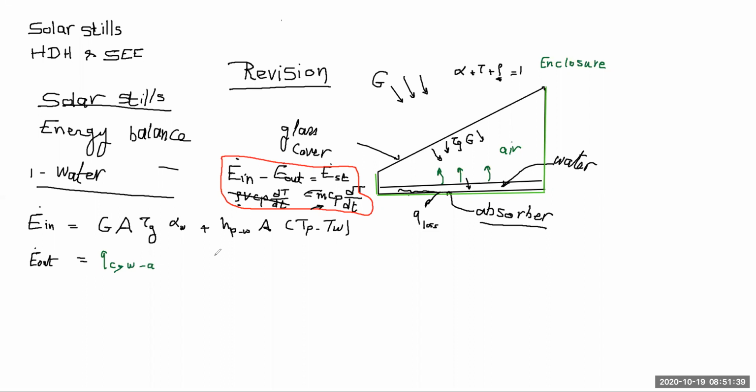Actually, it's not to the air, but the way that we write the convection heat transfer expression, we are accounting for it from the surface of the water to the surface of the glass through the air. So it will not be very accurate if I just say that it is from water to air. Actually, it's from water going to the glass.